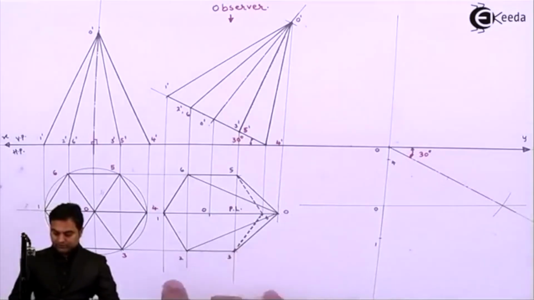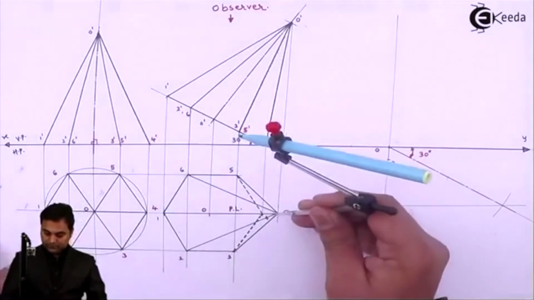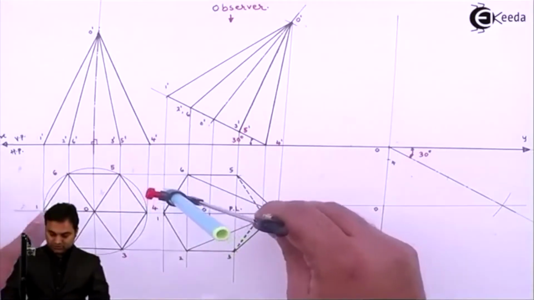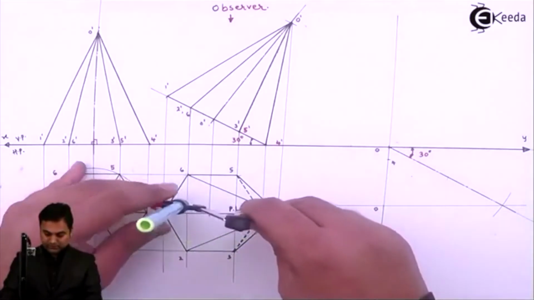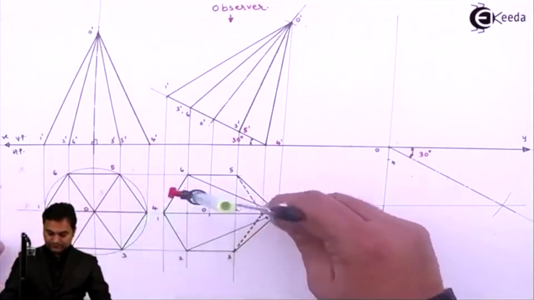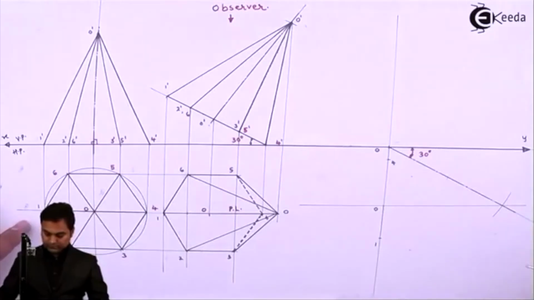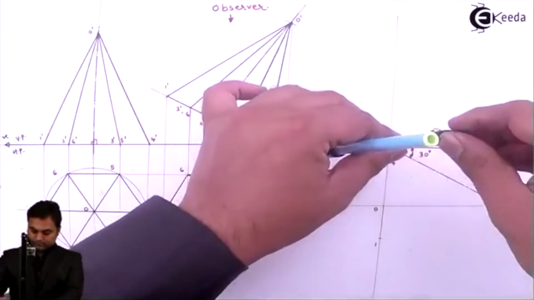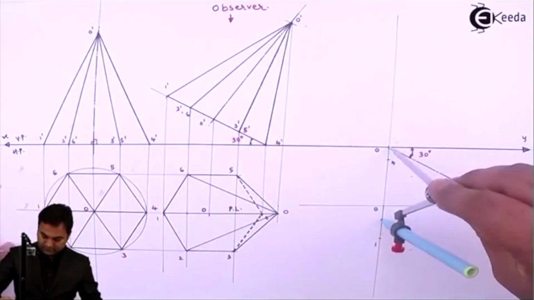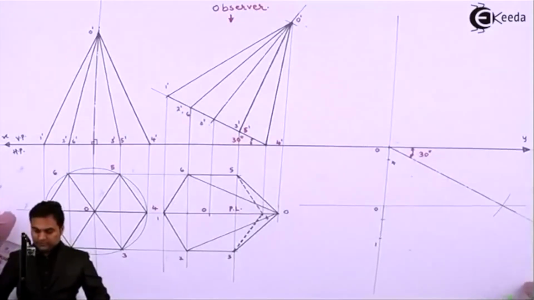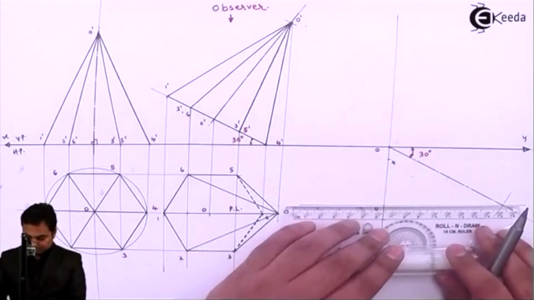Then for the remaining points, again from point O, I'll take the distance of this vertical line which is passing through 2 and 6, and from this point O, I'll cut this line, drawing a light horizontal line through it.